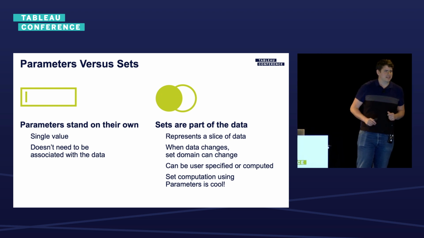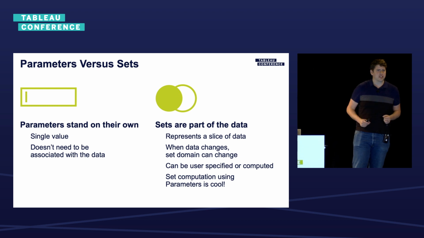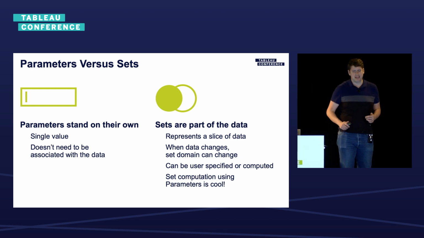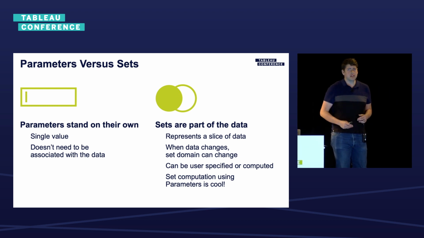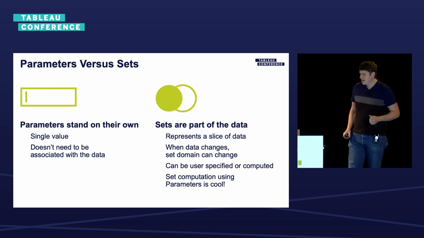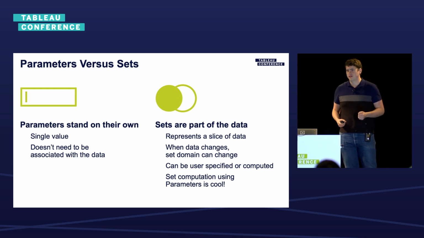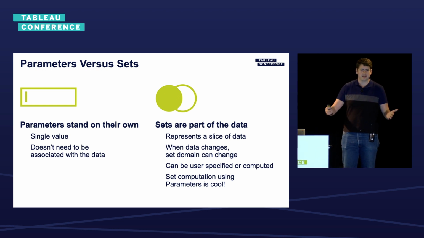They are linked to the data, and as the data changes, the domain of the set updates. So it can be really useful to use a set in cases where you're looking for values that come out of the data itself. A technique that I really like to use is using a parameter to drive the membership of a set using a computed set. And we'll see a lot of that today.